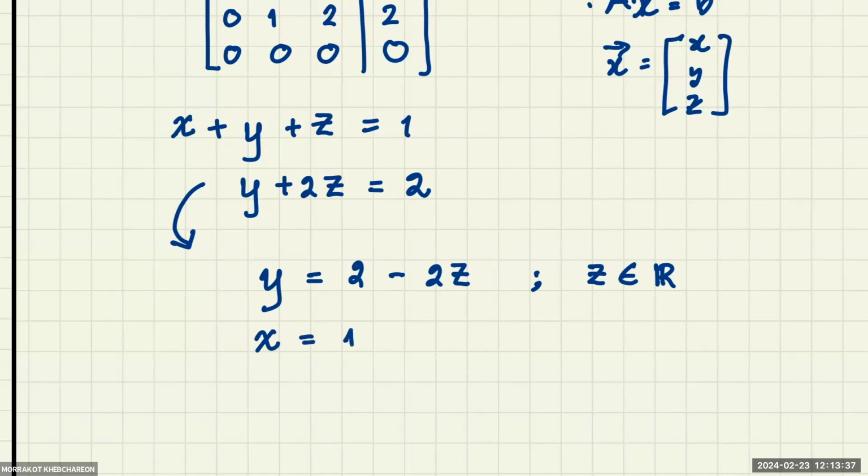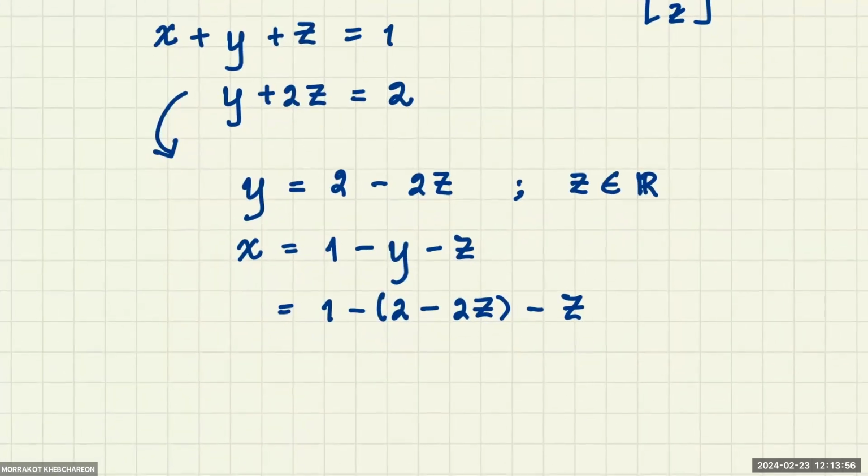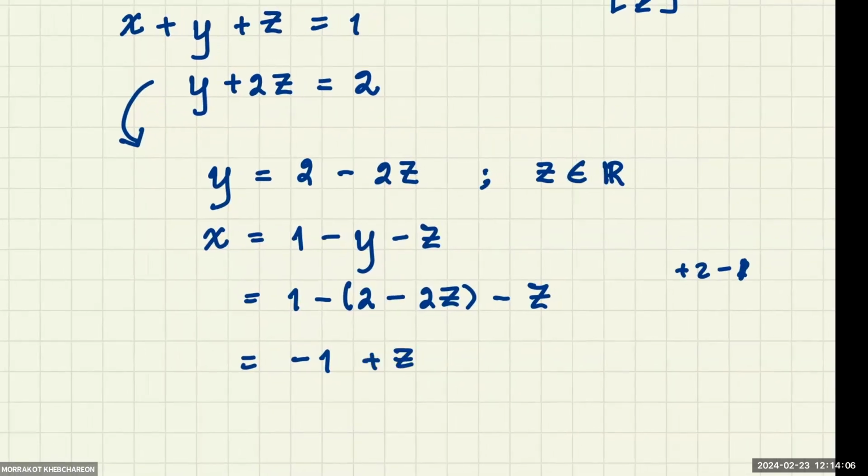X is going to be 1 minus y minus z. But y can be written in terms of 2 minus 2z. Okay, so you will have negative 1 plus z.